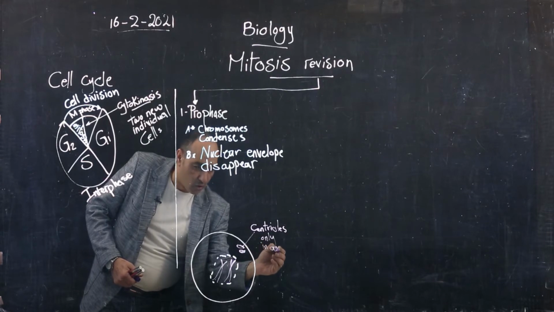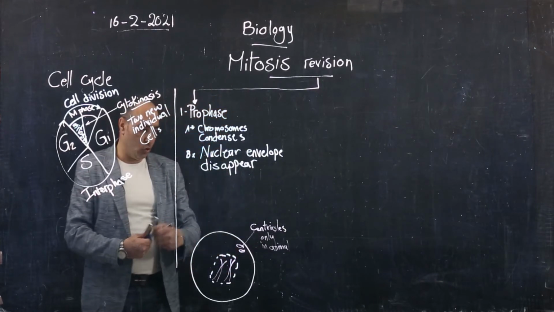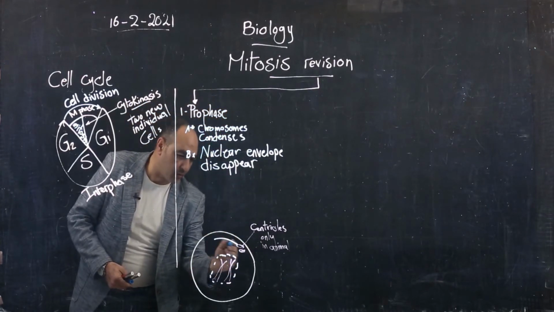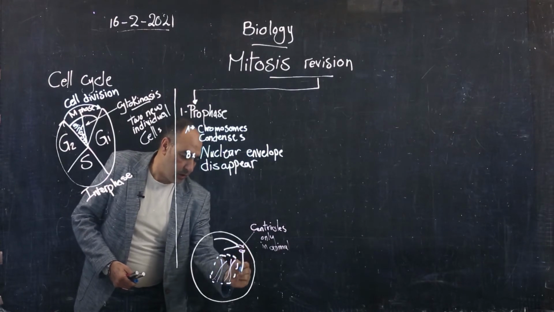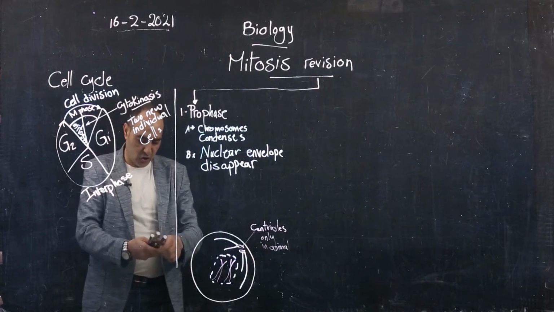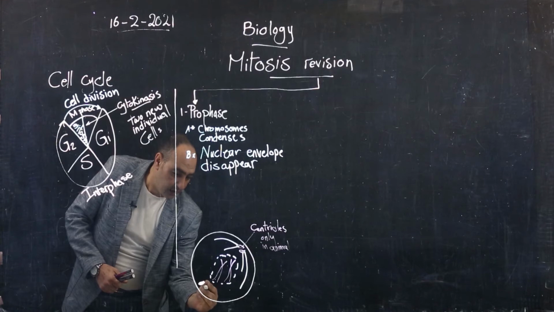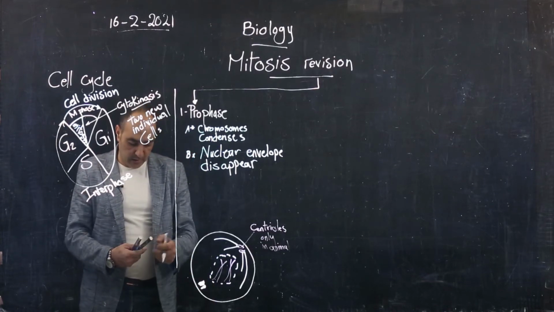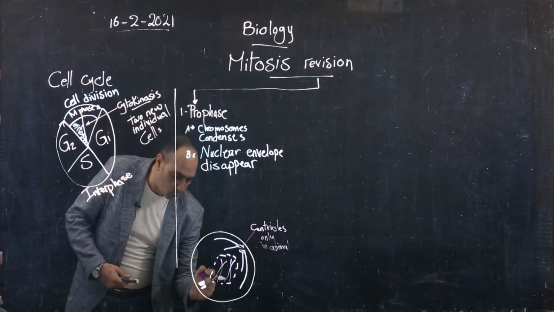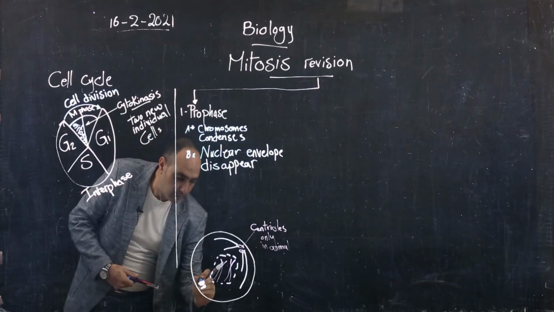They are not in the plant cells. What the centrioles do, they produce what we call the spindle fibers, or the spindle formation. There are two centrioles, each one at one of the two poles of the cell, and each one of them produces the spindle fibers.